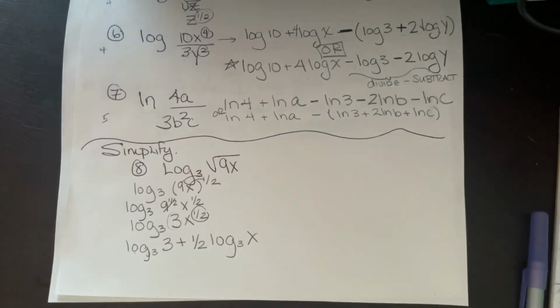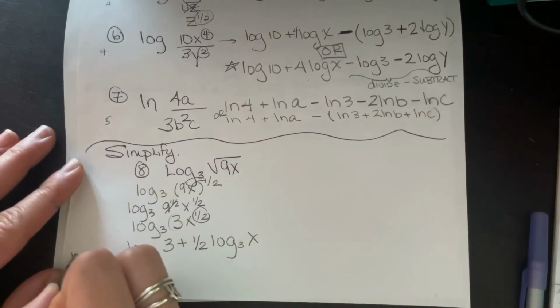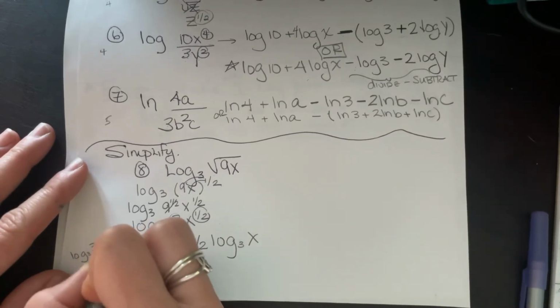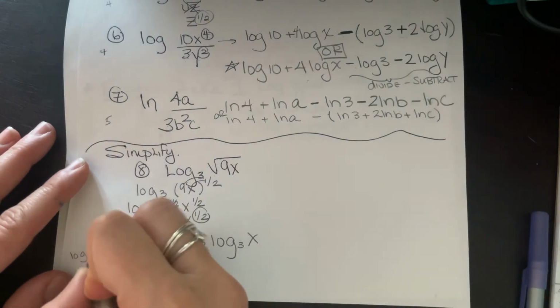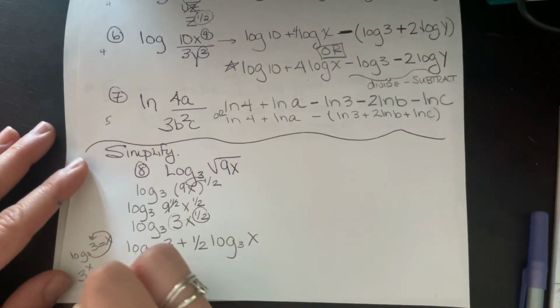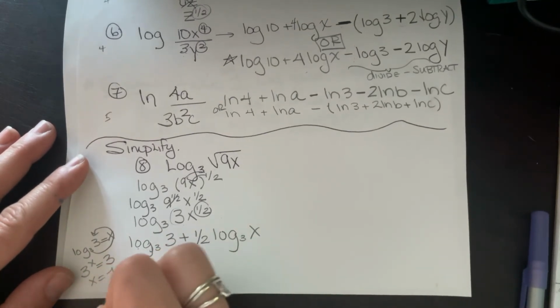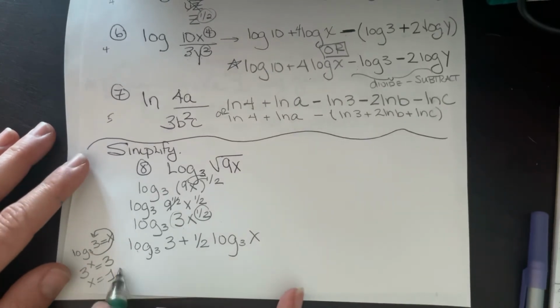Now, you should know this, and eventually in time, you will be familiar with this. You should know what this equals. If you're like, I don't get it, well, remember what we did the other day, and you'll start to pick up a pattern. If I set this equal to x, we learned this for evaluating: 3 to what power is 3? The answer is 1. Remember, 3 to 1 to anything is the anything.